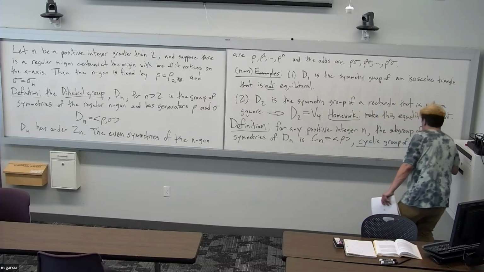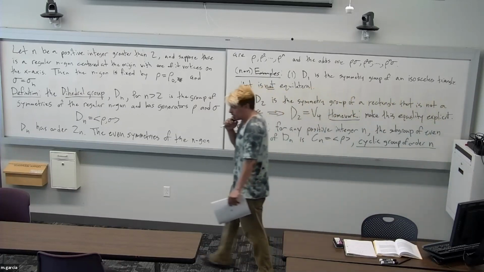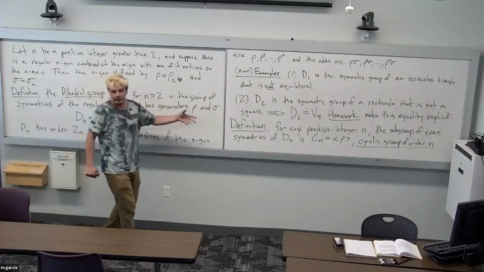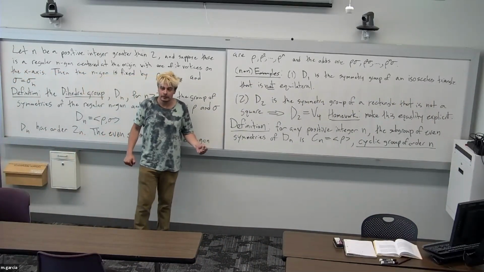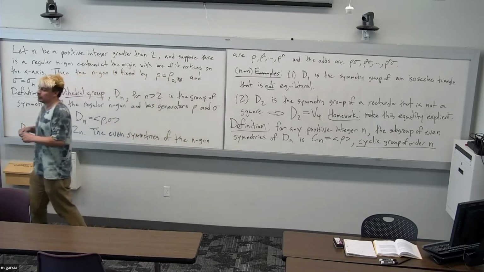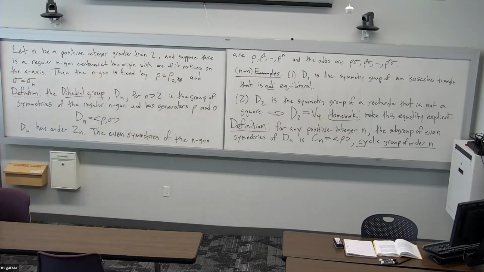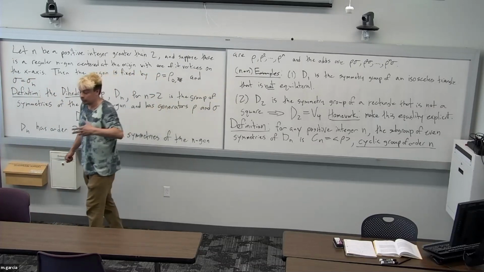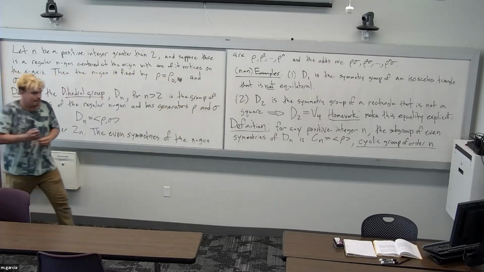So that's what it defines as a group? Yeah, I gave you a first principles definition earlier in the term, and now this is another way to define a cyclic group. It's the subgroup of even symmetries, of even isometries for a given dihedral group, or one of these two cases, D1 or D2, also applies there.